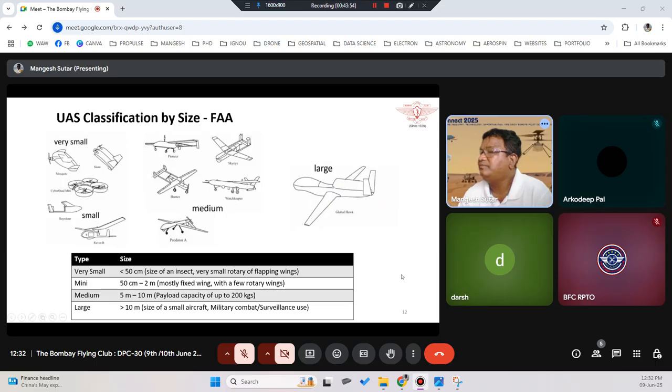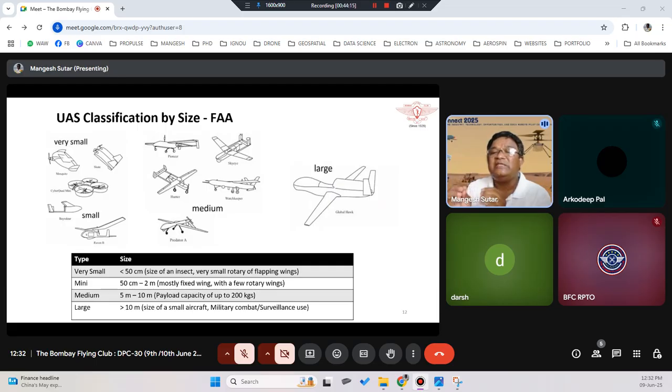From the defense perspective, there are separate guidelines, because as you will see in Drone Rules 2021, the rules are not applicable to Army, Navy, and Air Force. They don't fall under the guidelines of Drone Rules 2021. They have their own separate guidelines to follow.